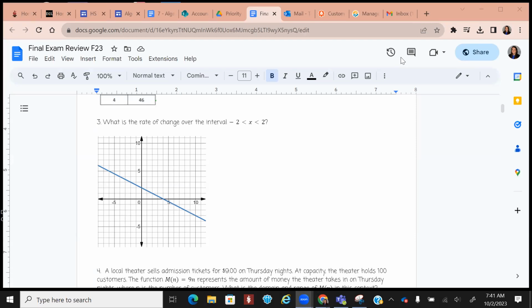So we're going to go from negative 2 to 2. Okay, now we can do this either visually or we can actually do it with the equation. I'm going to use the equation just to keep it simple. But when x is 2, my y was 1. And when x is negative 2, my y was 3.